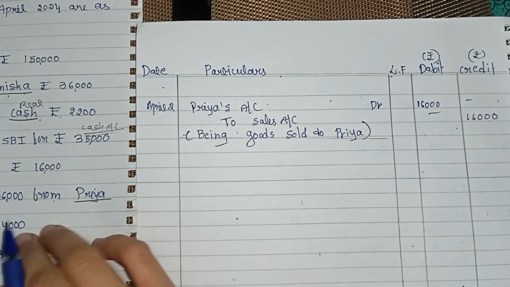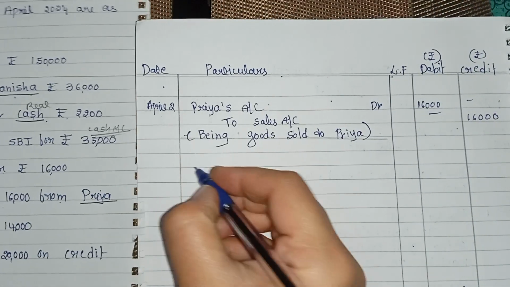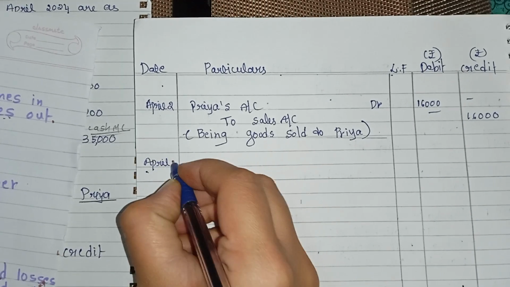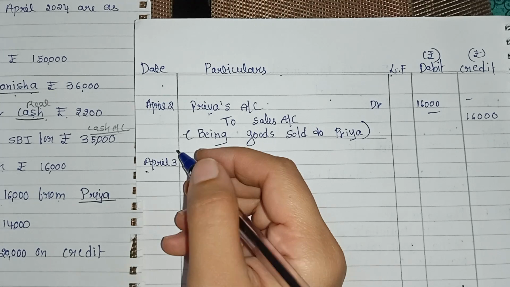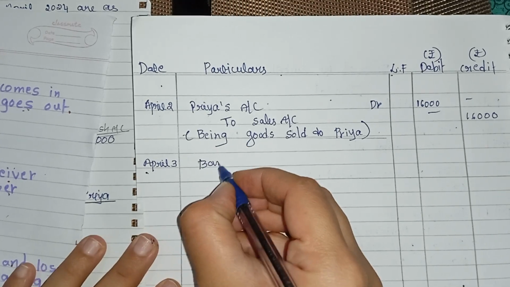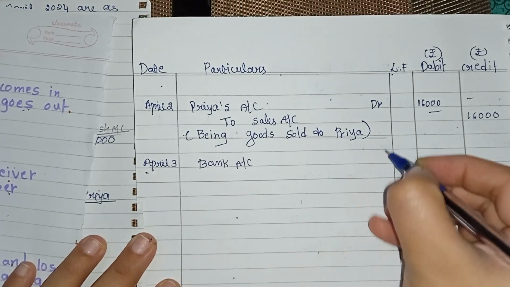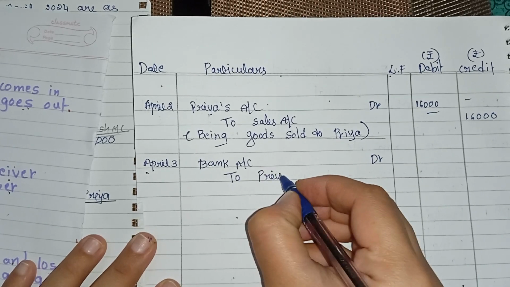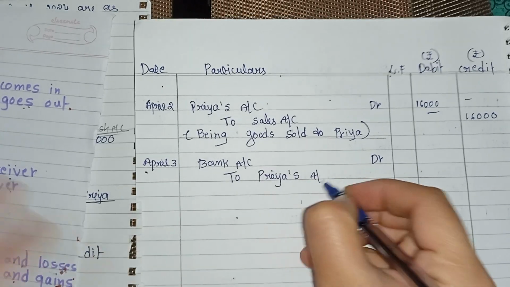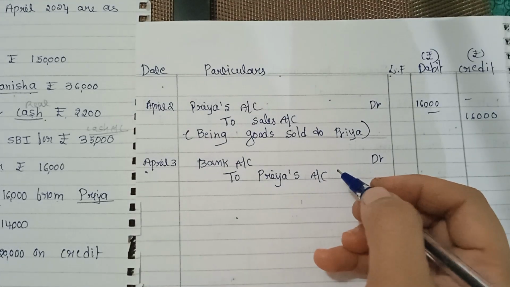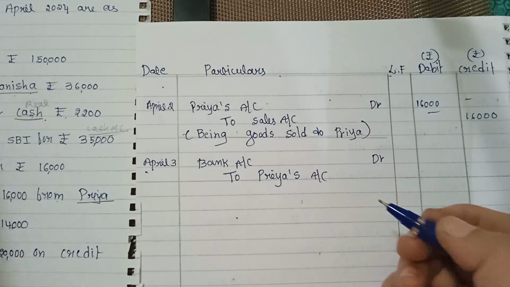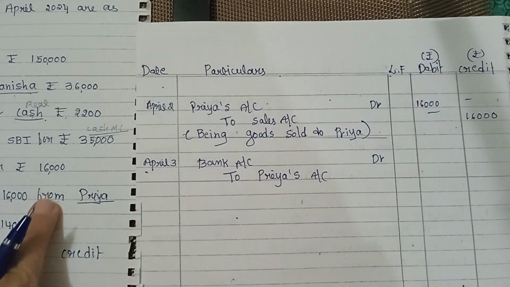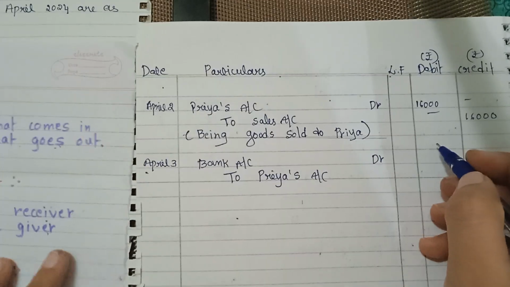That is on 3rd. April 3rd, bank account debtor to Priya's account. Amount 16,000.